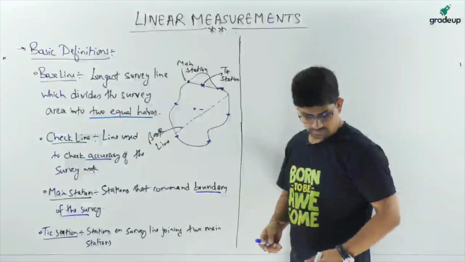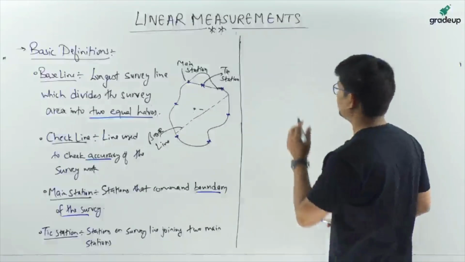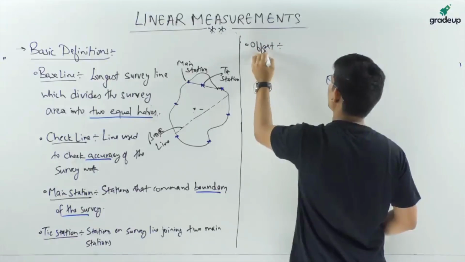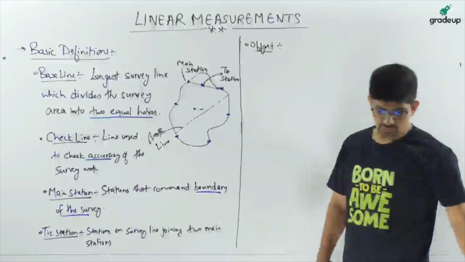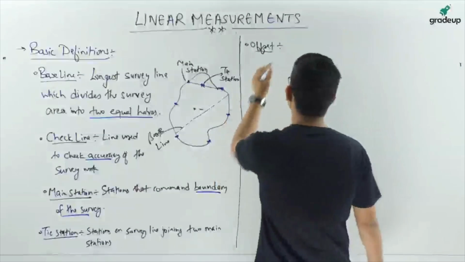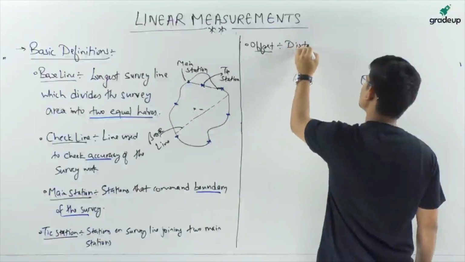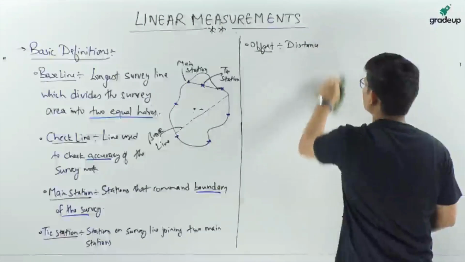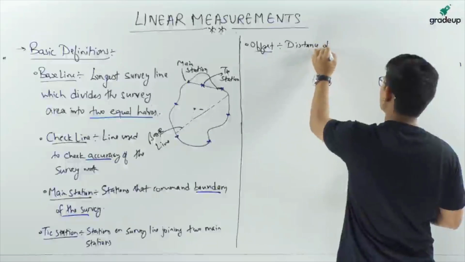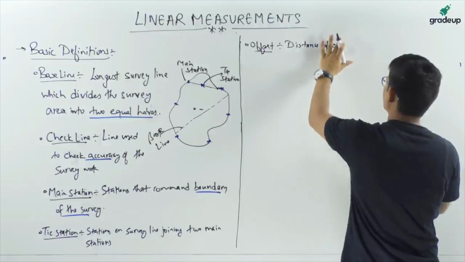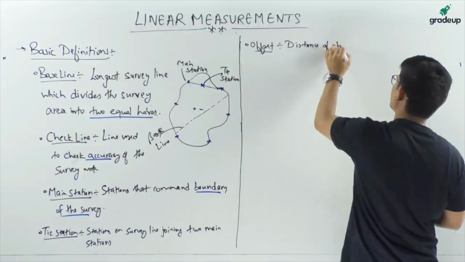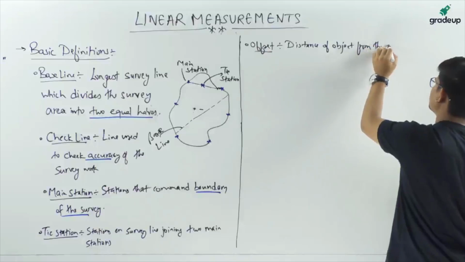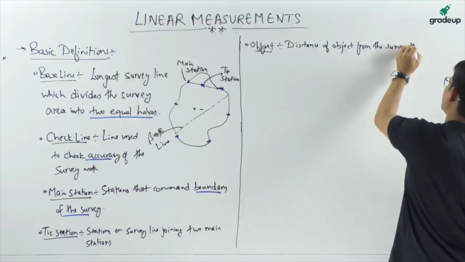Okay, now there is one more thing, that is offset. What is an offset? Okay, so offsets are distance of object from the survey line.